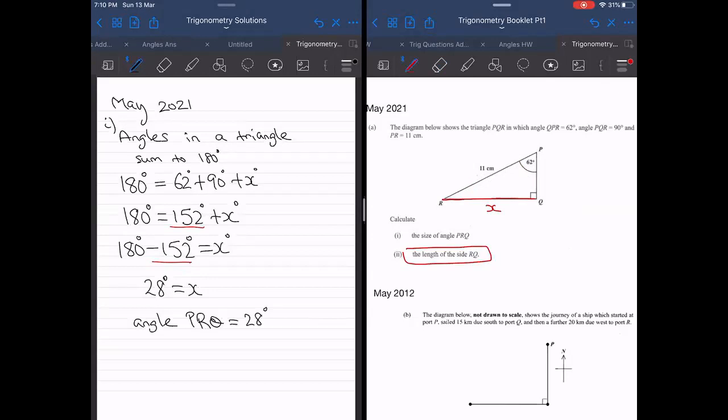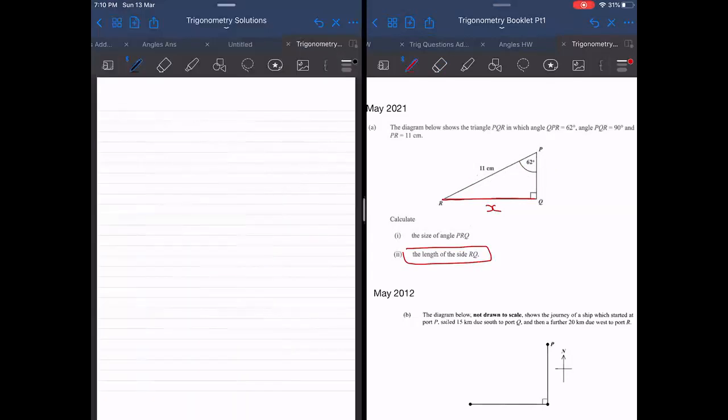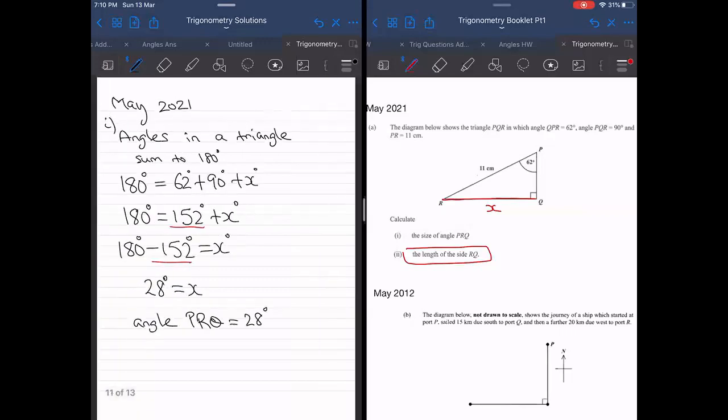We wouldn't use Pythagoras theorem because we don't know these two sides. To use Pythag, we need to know two sides. So maybe that's something we can make a note of. That leaves us with just the ratios.